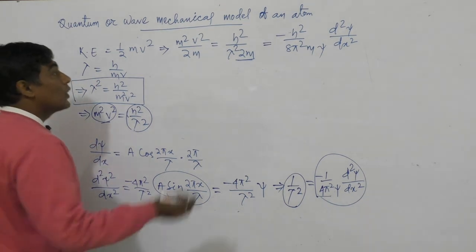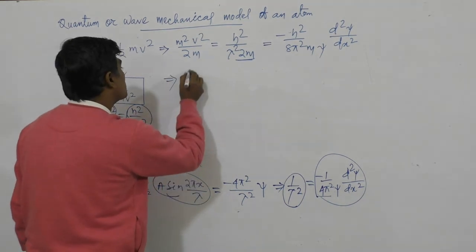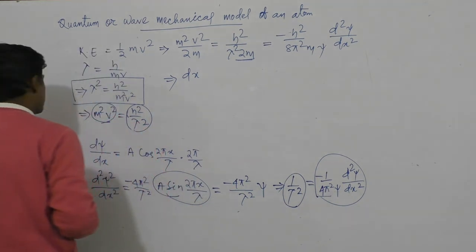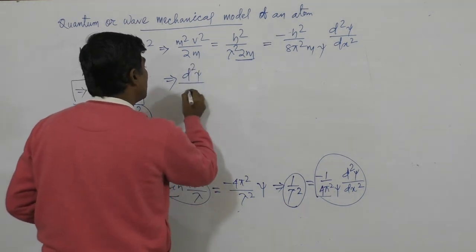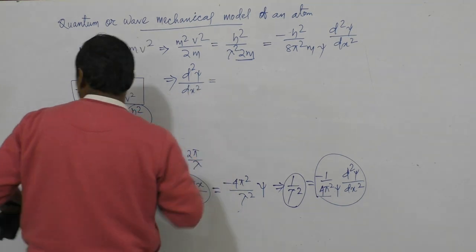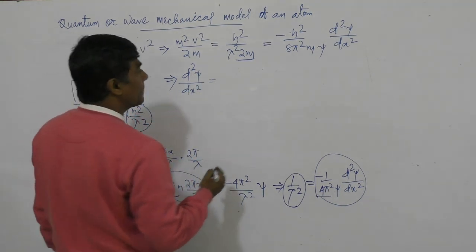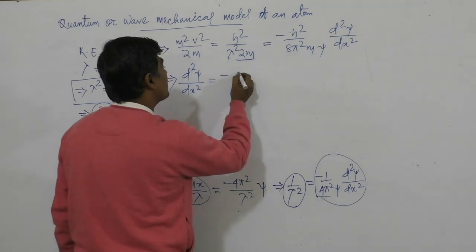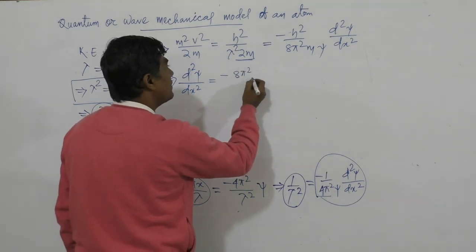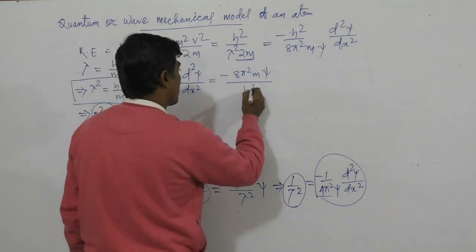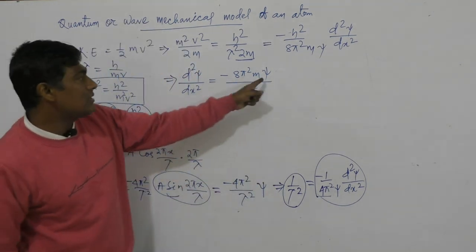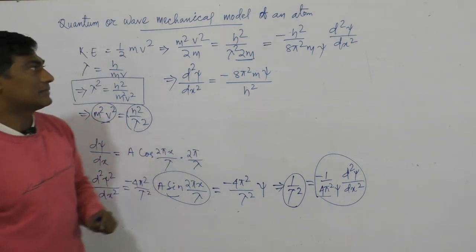Okay, so only d square psi by dx square, how much is it? d square psi by dx square is equal to minus, they are coming to this side, 8 pi square m psi by h square, right?